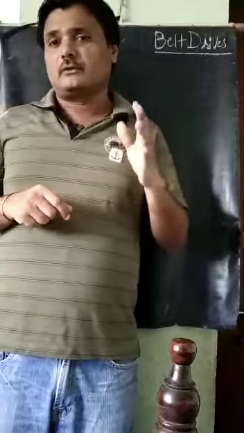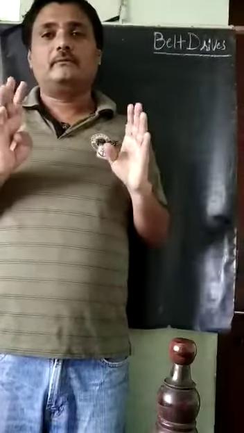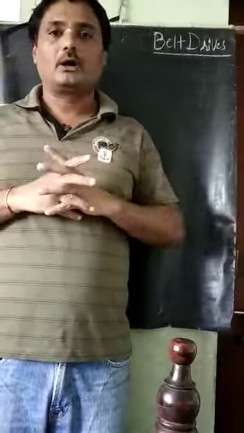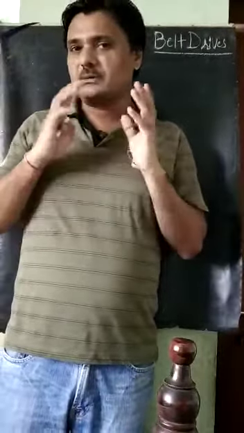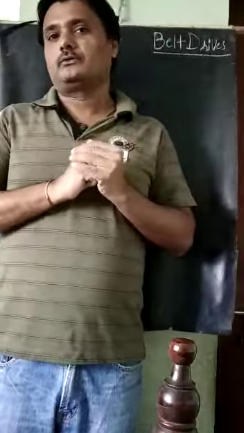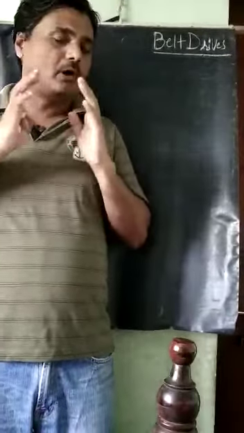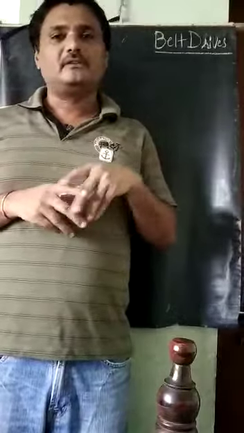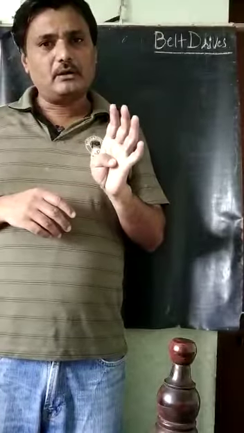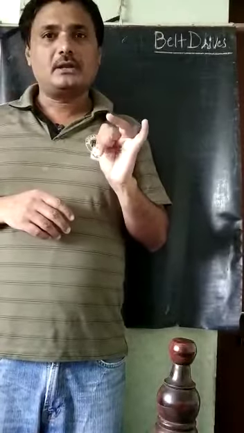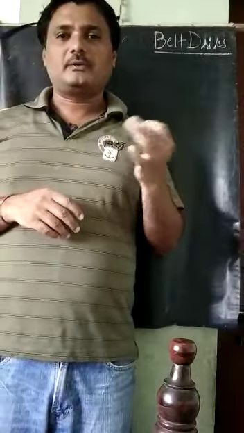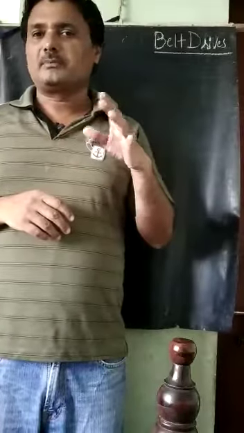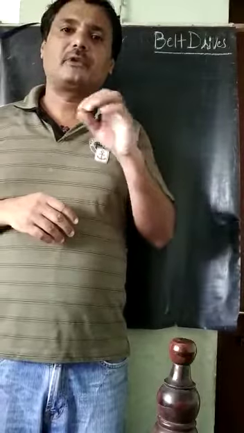So this also means what? If we want to transmit a rotary mechanical energy, that is nothing but mechanical power, from one shaft to another shaft, these are the means. Belt is one, rope, chain, likewise many types of belts will come. V belt will come, flat belt will come.